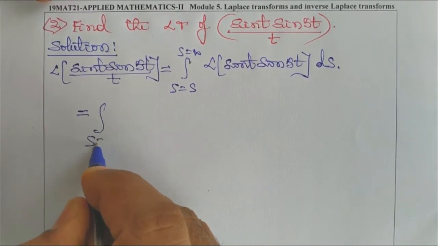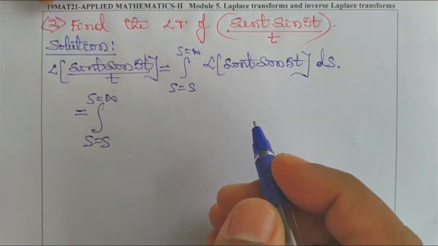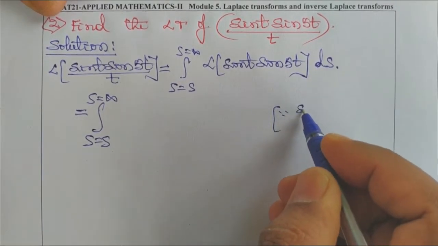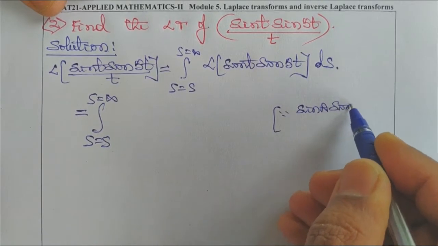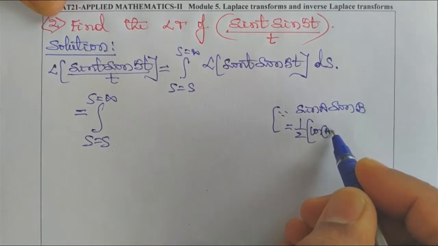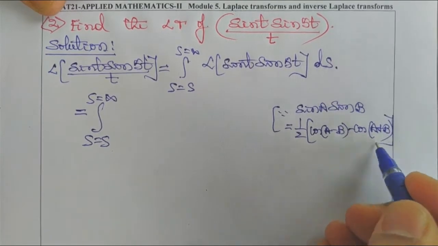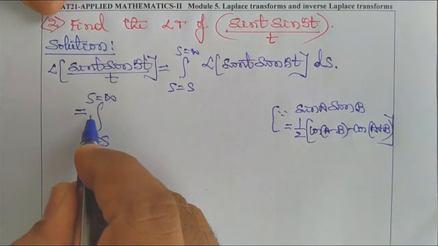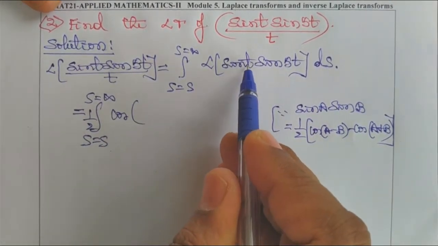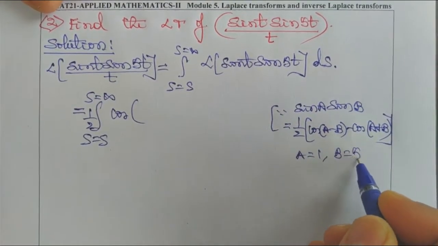You know one of the transformation formulas: sin a sin b is what? Half of cos of (a minus b) minus cos of (a plus b). Even in the earlier problems we did using this formula, half of cos of (a minus b) minus cos of (a plus b). Okay, so that half you keep outside. Here a value is the t coefficient, which is 1, so a is equal to 1, b is equal to 5.